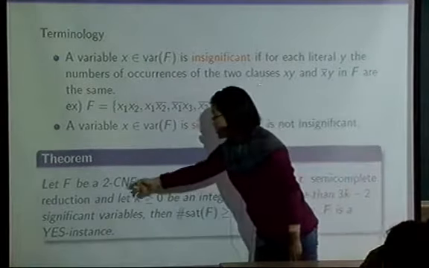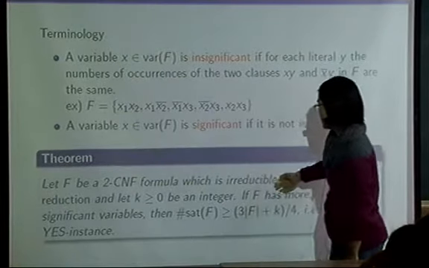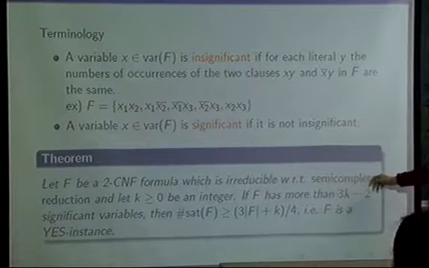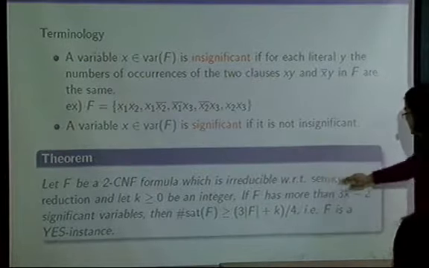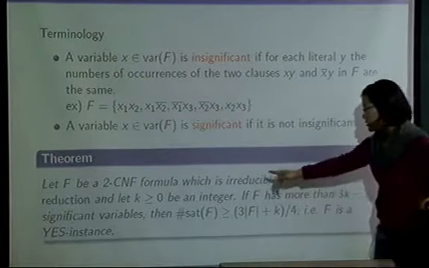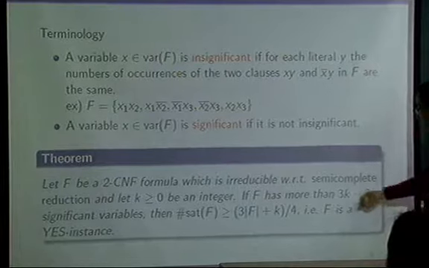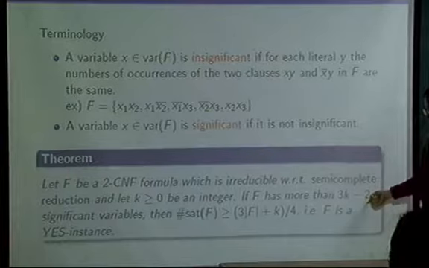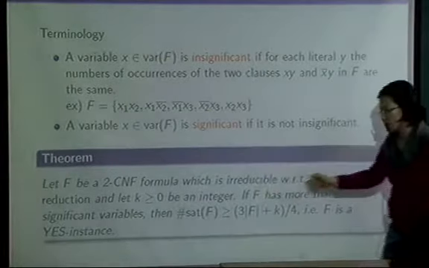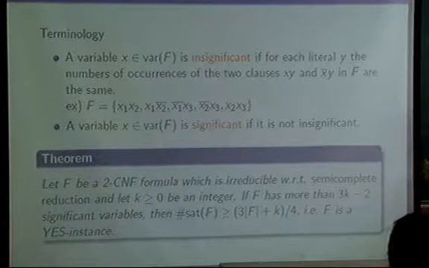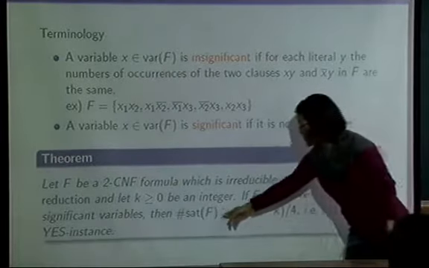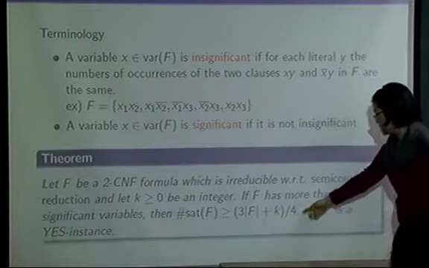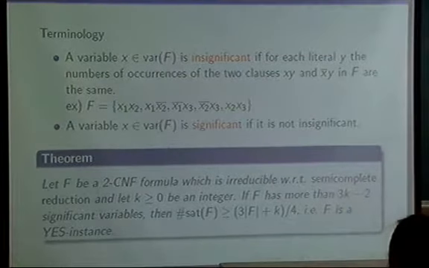So the main theorem here is, let F be a true CNF formula which is irreducible in terms of semi-complete reduction. I'll explain about this later. And K is a non-negative integer. If F has more than 3K minus 2 significant variables, which we are not allowed to ignore, then the number of satisfied clauses is at least as large as that, which means F is a yes instance.